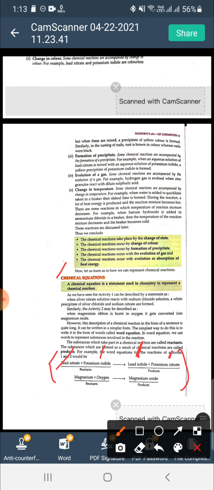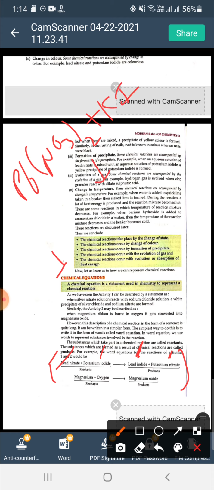If I want to write it in symbol form, I will write their symbols. Lead nitrate Pb(NO3)2 plus potassium iodide gives you PbI2, lead iodide, plus potassium nitrate KNO3. So lead nitrate plus potassium iodide gives you lead iodide plus potassium nitrate.